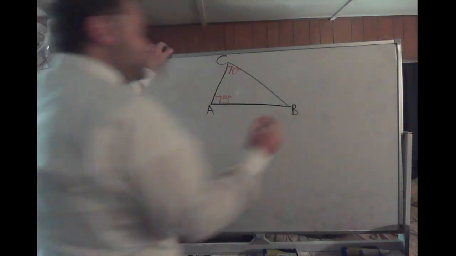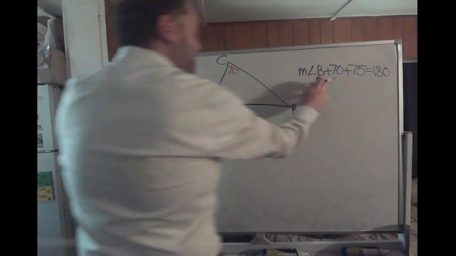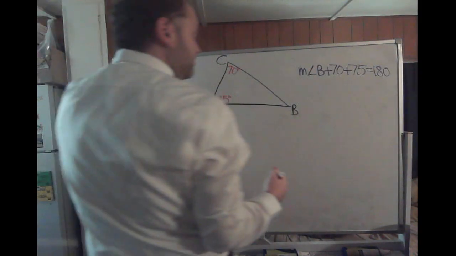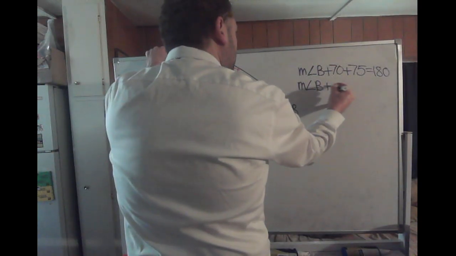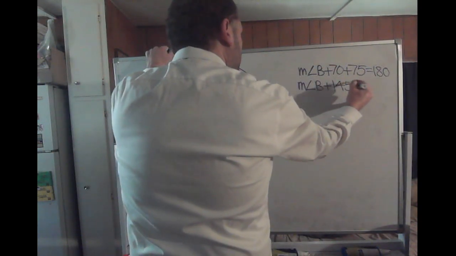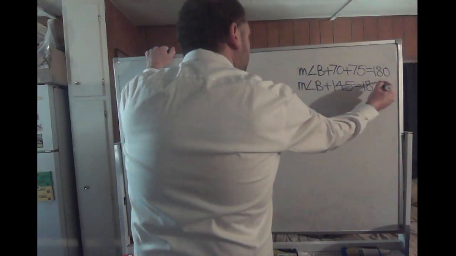So what we can do here, of course, is take the measure of angle B plus 70 plus 75 equals 180. Right? We want to figure out that missing angle to truly get an accurate result. Which means the measure of angle B plus 145 equals 180.